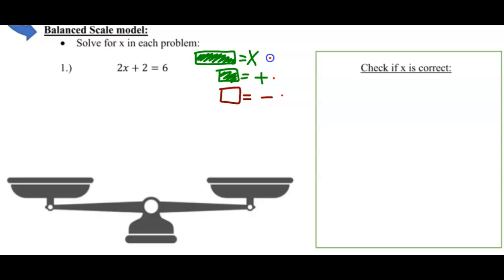Positive constants would be a little square colored in, and a negative constant would be an open circle. So we want to draw a picture here, and when we draw that picture, we want to make sure that we have drawn what is stated in this problem.